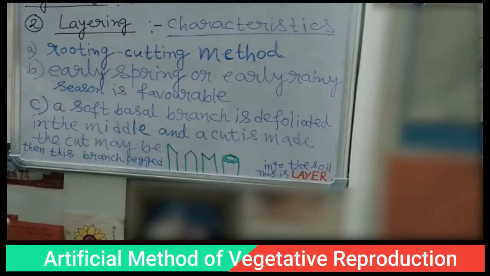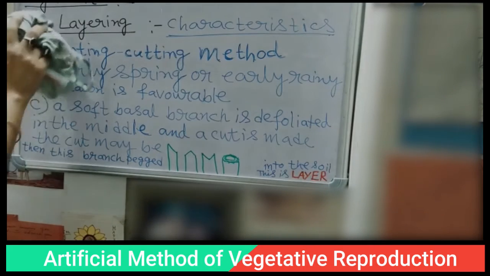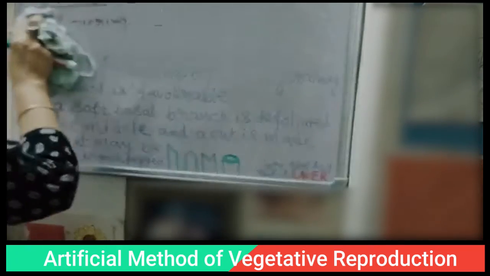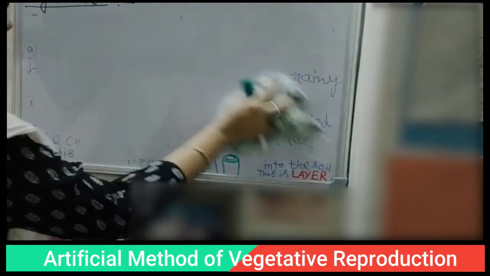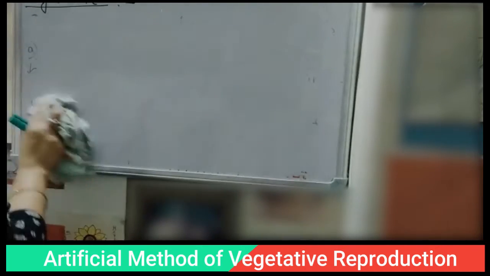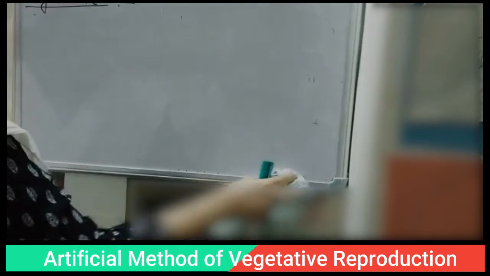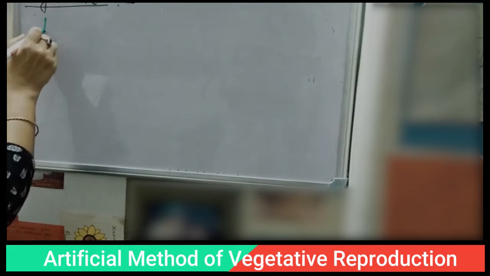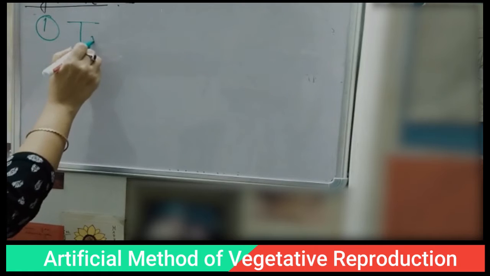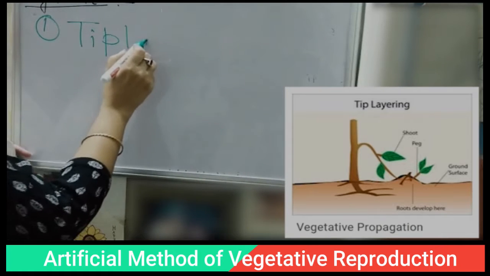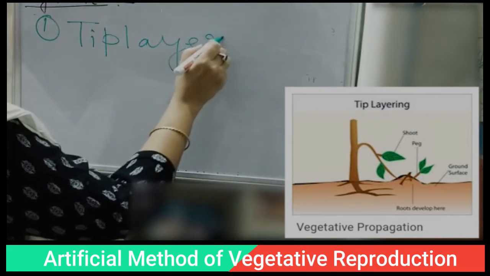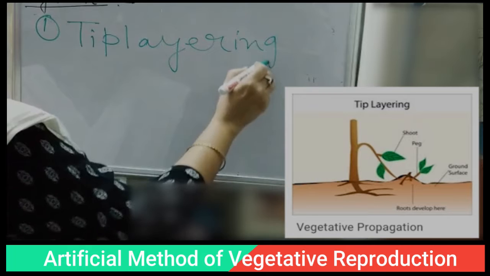This is called a layer. Now, types of layering. In your first picture you can see the first type of layering, that is tip layering. What happens in tip layering?